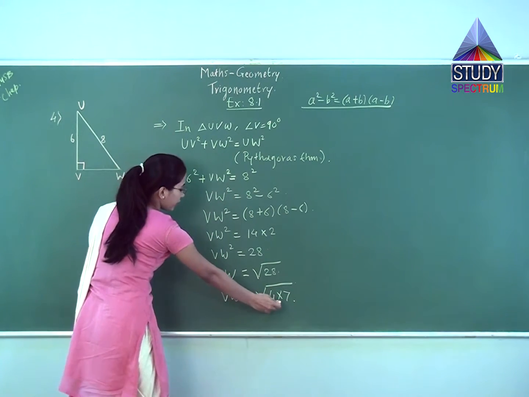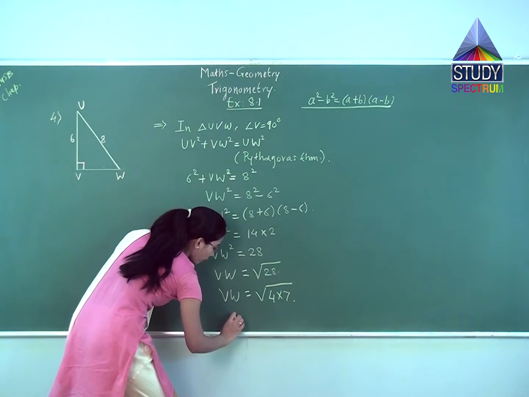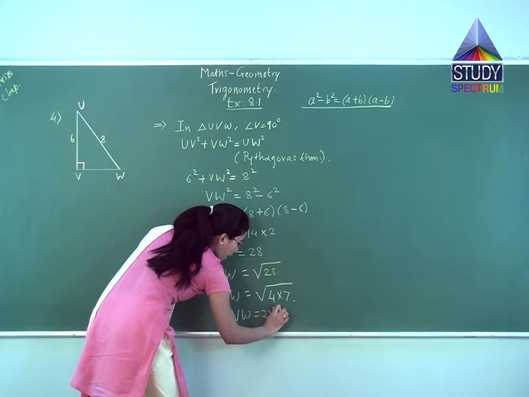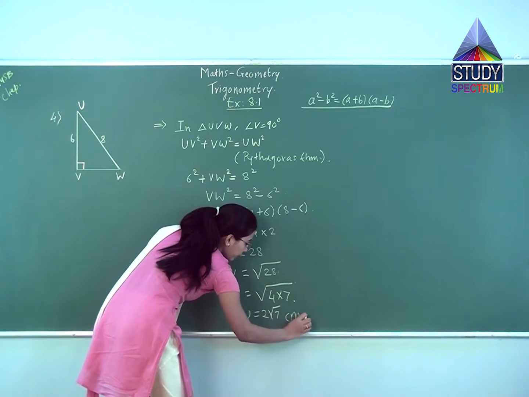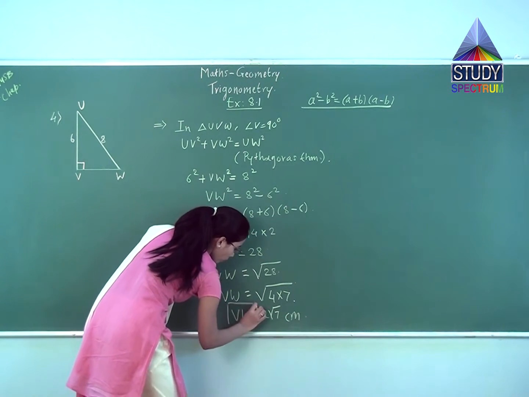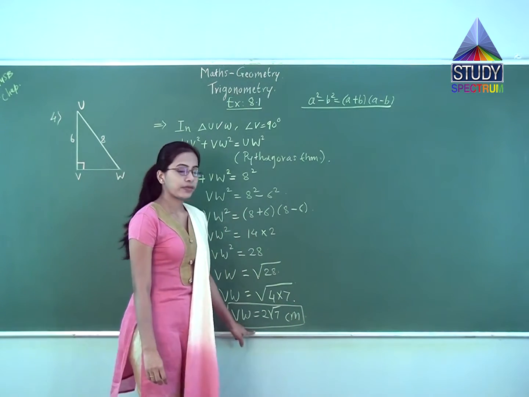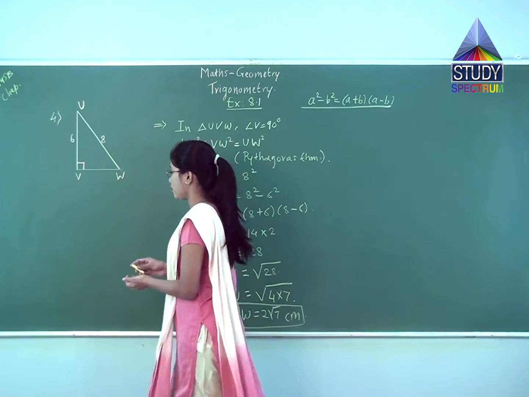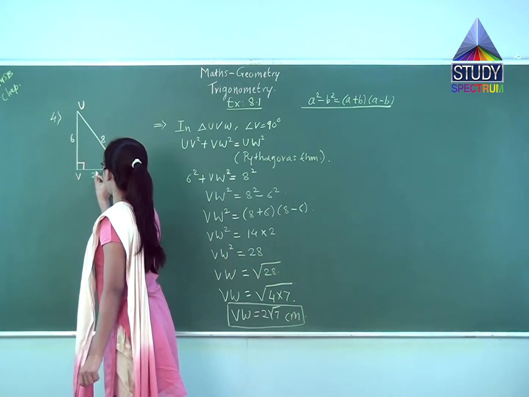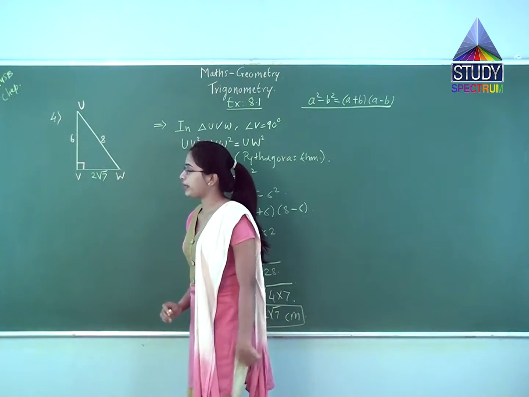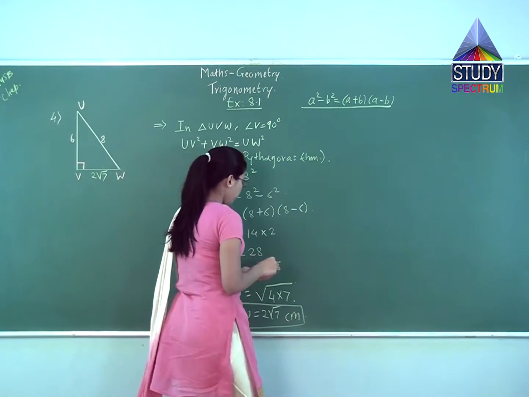So I can take 4 outside the square root. So we will have 2 root 7 centimeter. So we got our third side. So I will write it here, 2 root 7.